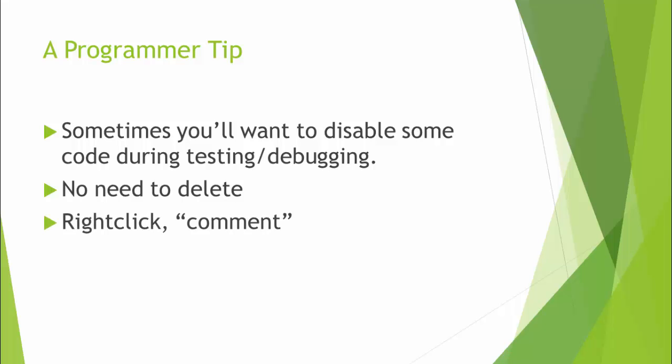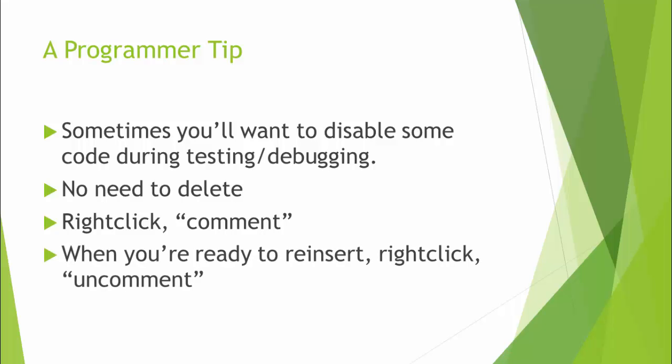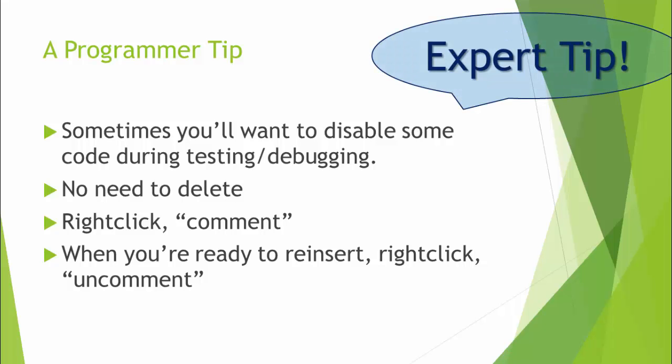You can simply highlight it, right click, and choose comment. This will comment out that code so that it isn't used in the compilation. When you're finished and you want to re-enable that code, you can simply highlight the comment and right click, uncomment, to put it back. And this is an extremely powerful tool for testing your implementations.